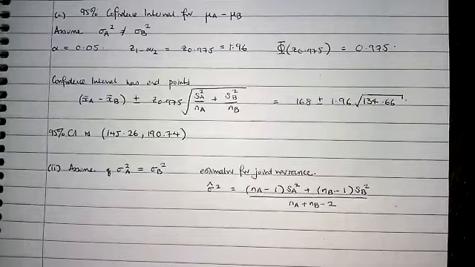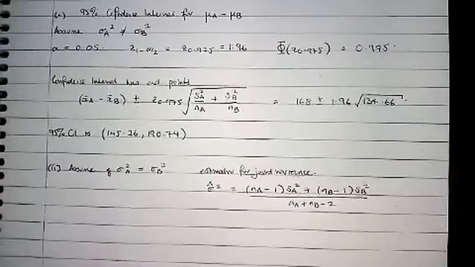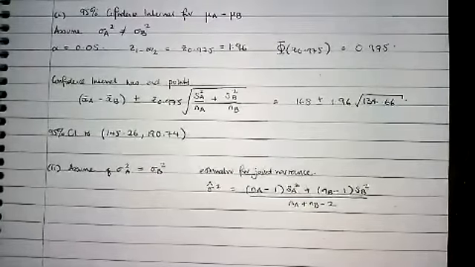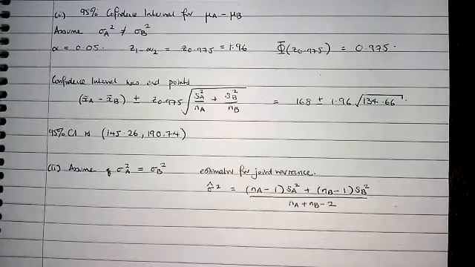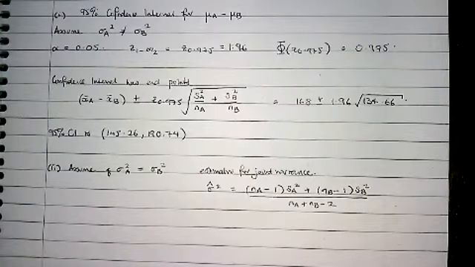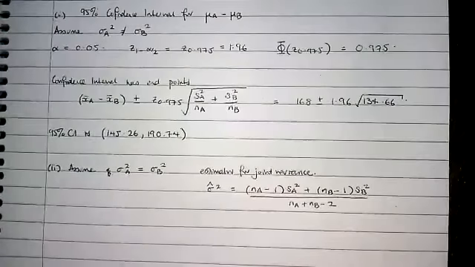So the idea here is if you think about the usual formula that you use for the unbiased estimator for the sample variance, the usual formula you'd use for SA and SB, that's a sum, and we divide it by n minus 1 in each case, because by dividing by n minus 1 we get that unbiased property, whereas if we divide by n, we end up with a biased estimator.